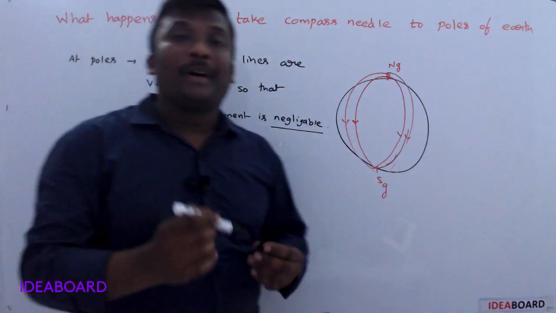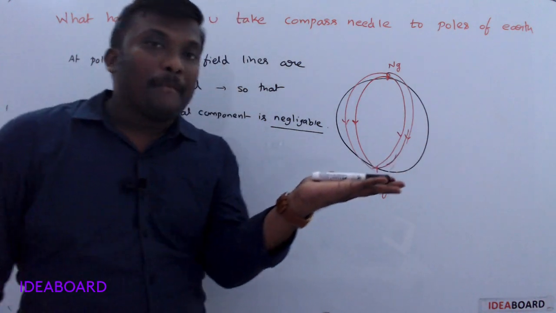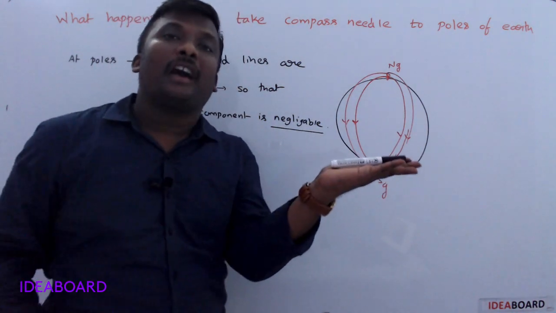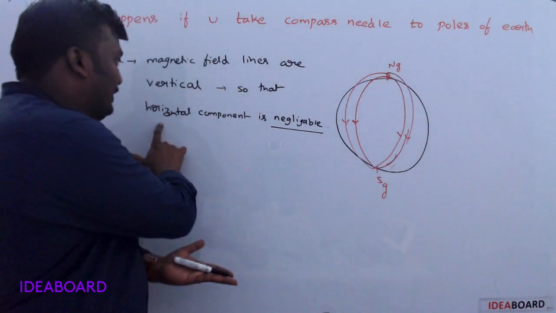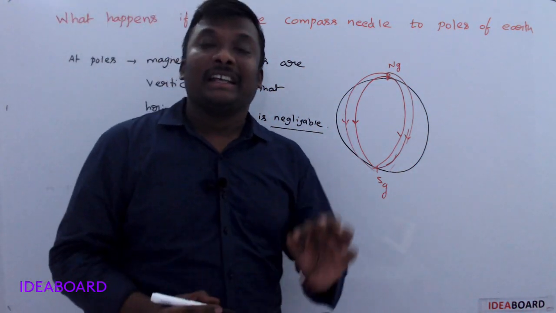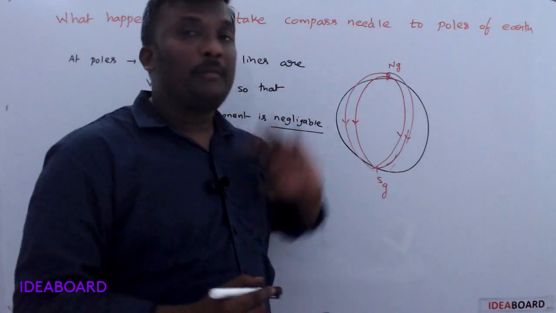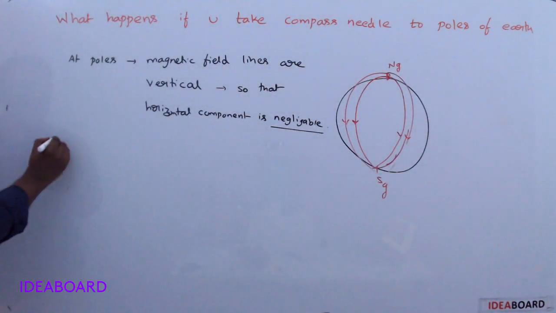Okay, but the compass is always in the horizontal plane. When the compass is capable to rotate in the horizontal plane, and we said the horizontal component is negligible, so the compass needle can settle at any direction at poles. So what happens?